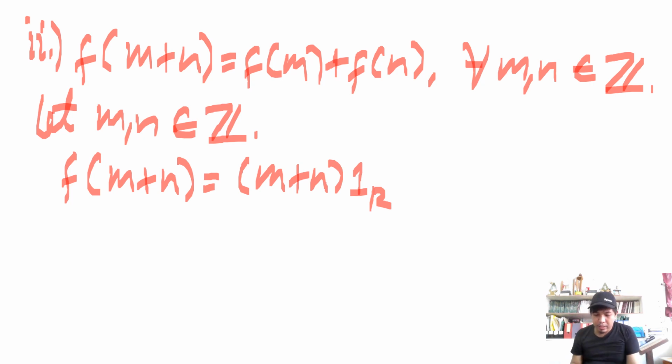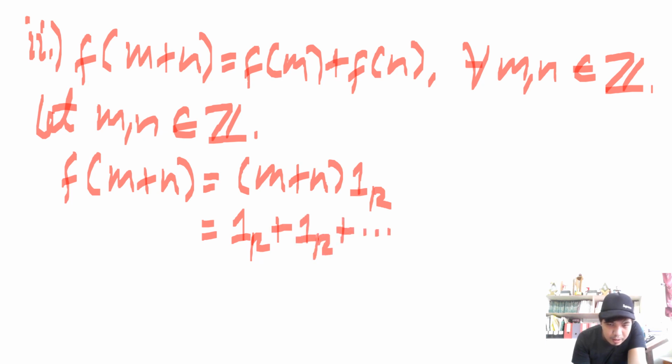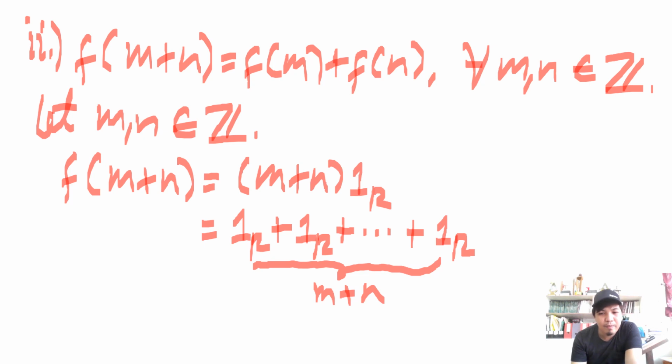What does this expression mean? We know that this is simply 1 sub r plus 1 sub r plus and so on up to 1 sub r, with m plus n number of terms, which we can split.